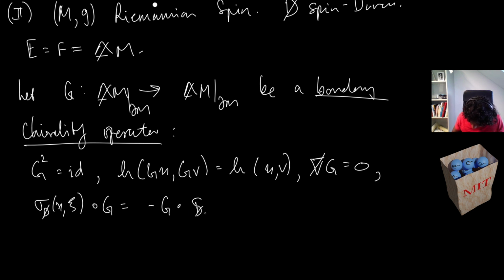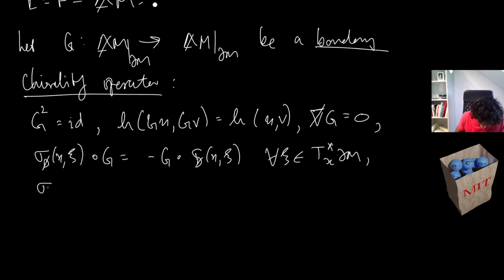So for all ψ in T*_x ∂M, G anti-commutes with the symbol of D at x applied to ψ, and it commutes with τ, i.e. the conormal.